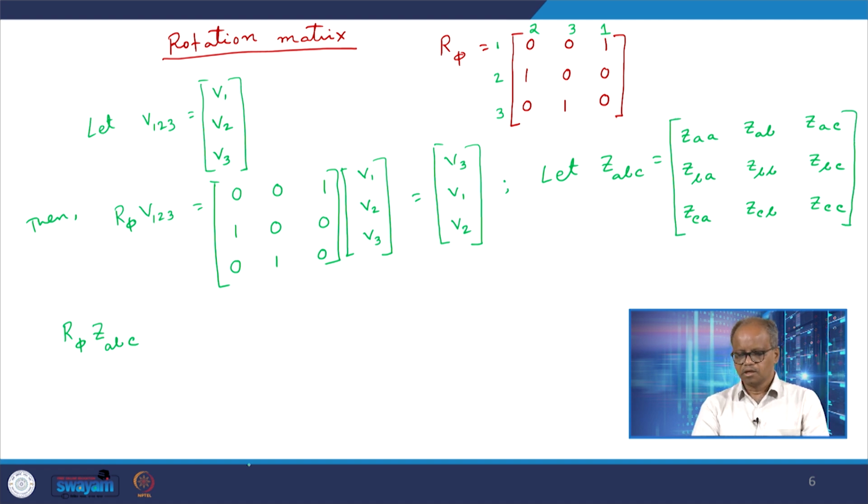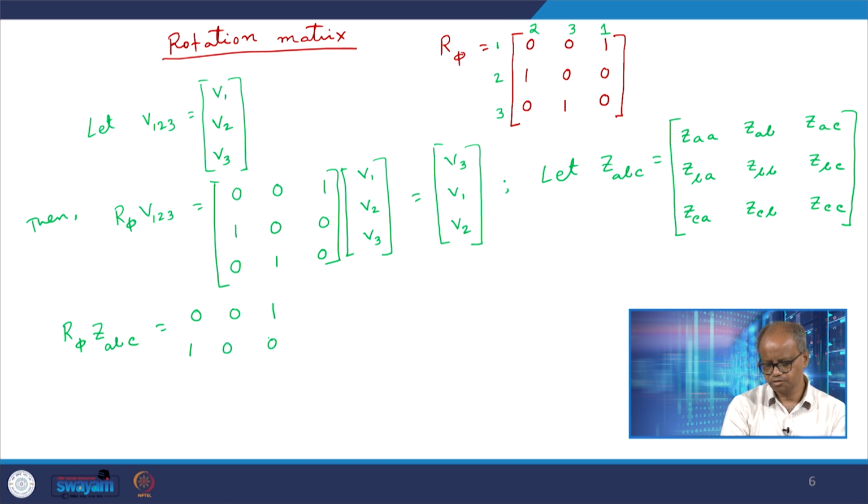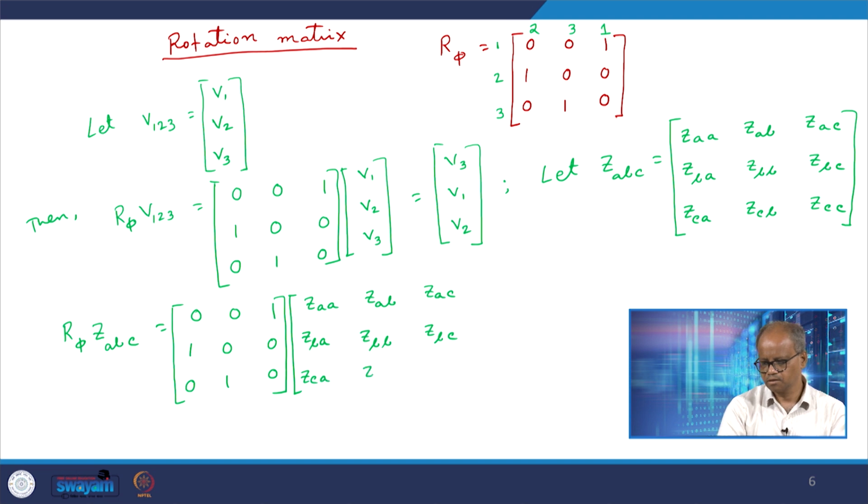Right. So, if I do R phi into Z abc, then it would be 0, 0, 1; 1, 0, 0; 0, 1, 0 into Z aa, Z ab, Z ac; Z ba, Z bb, Z bc; Z ca, Z cb, Z cc.